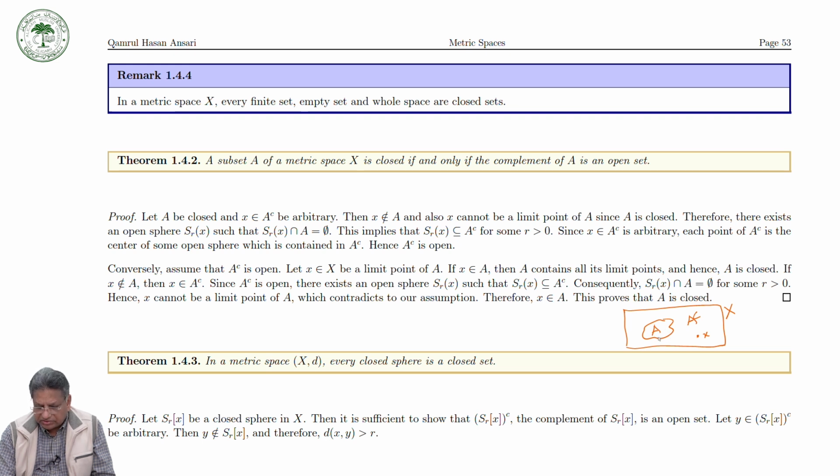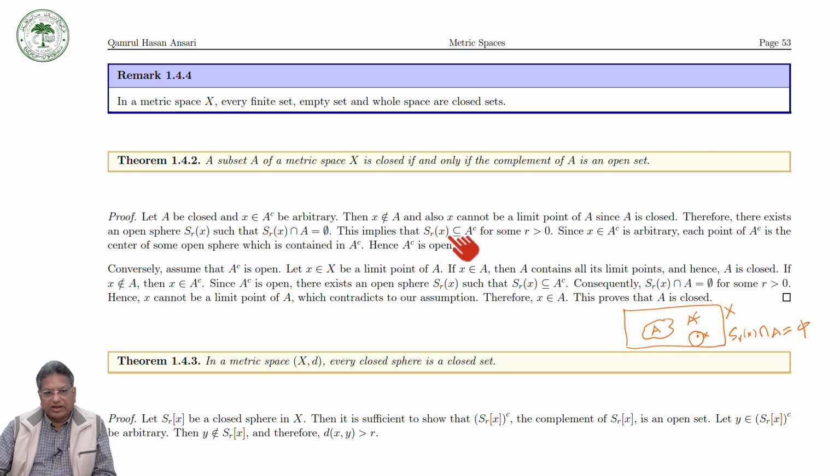So x is not in A, and it is also not a limit point of A. Therefore you can always find an open sphere S_r(x) such that S_r(x) intersection A is equal to empty. It means that this open ball lies in the complement of A for some r.